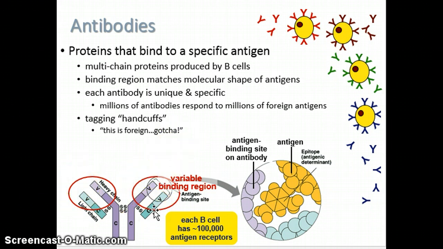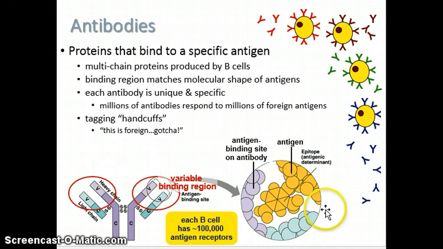So just like an enzyme has a very specific binding area, and we have this idea of a lock and key where only a specific key is going to fit in that lock, it's very similar with an antibody, where we have a very specific site where only a very specific antigen is going to fit.